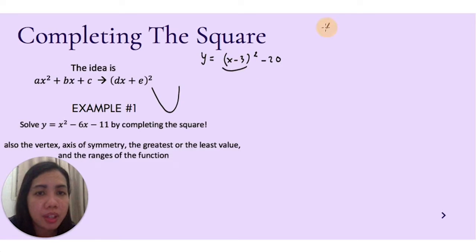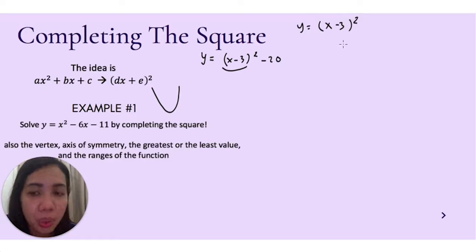First, we pay attention to x minus 3 squared. If we want to draw this equation, x minus 3 squared, this equation shows us that the parabola only touches the x-axis at one point.